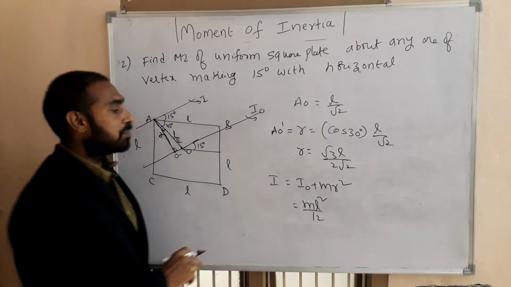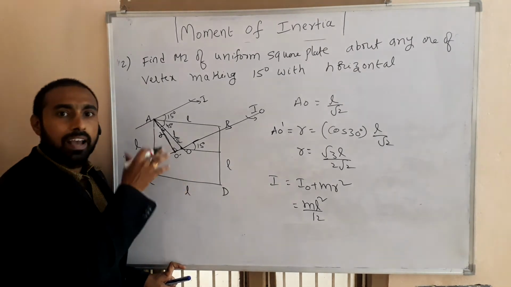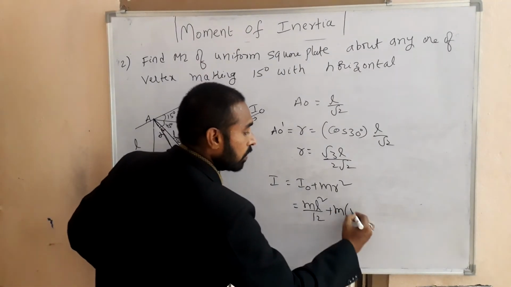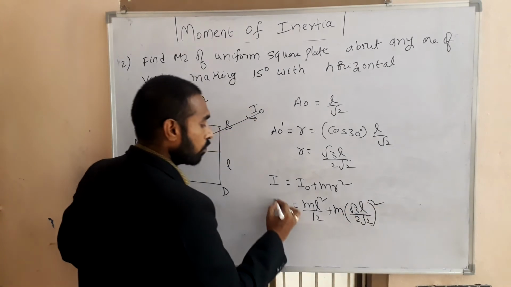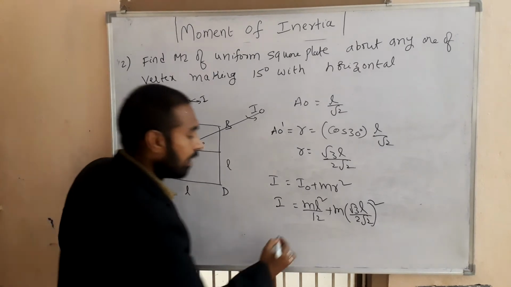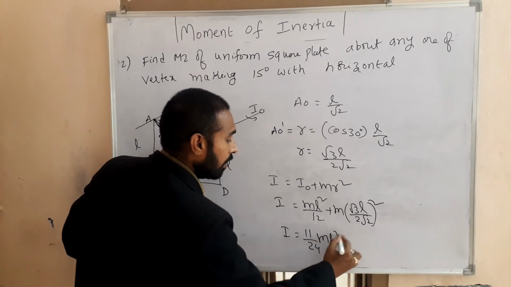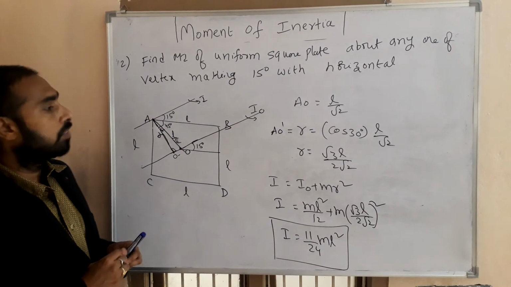See, once again I am saying it is making 15 degrees angle, but it is independent of the angle, the same as passing through one of the diagonals only. Plus m into root 3 L by 2 root 2, whole square. So if you make the calculation, you will get 11 by 24 m L square. So this is the final answer for the given question.